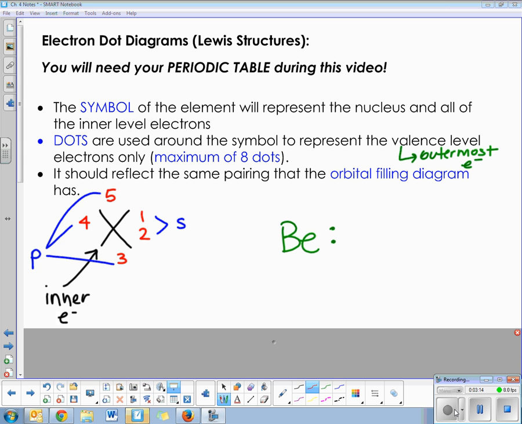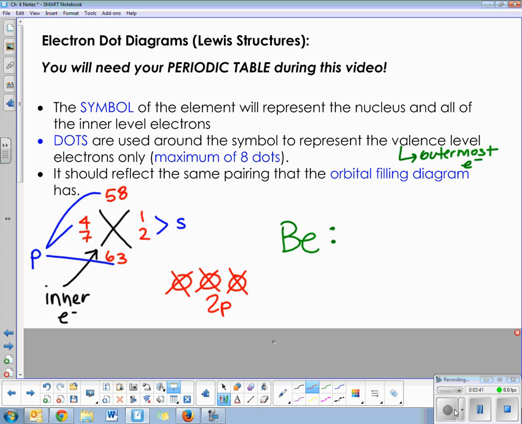The next one would go 6 next to the 3, 7, now we're doubling them up, 8. So it's just like when you do 2p, for example. 2p has 3 orbitals. So here's your first one, your second one, your third electron. That was the 3, 4, and 5. And then the next 3, that's when you go back and double them up. Remember, you put 1 in each one before you double.